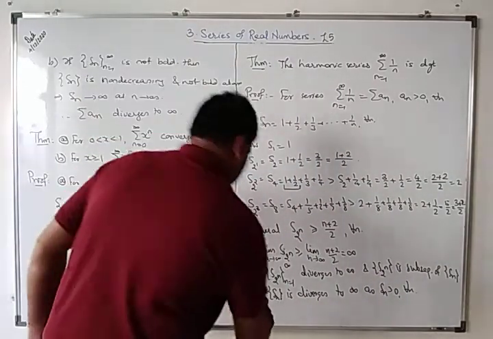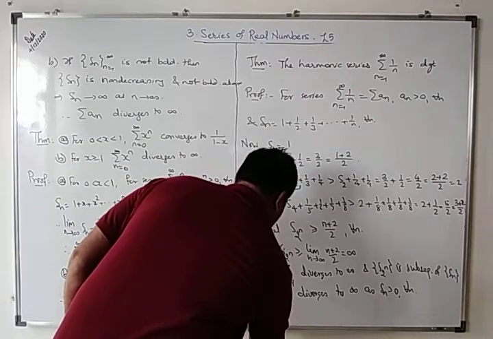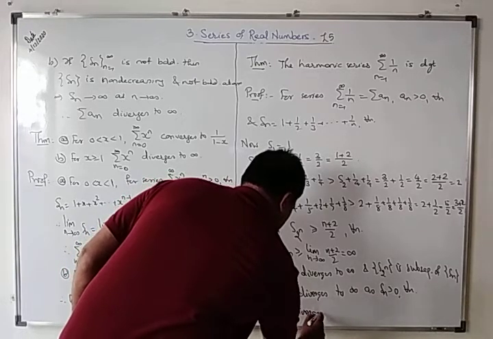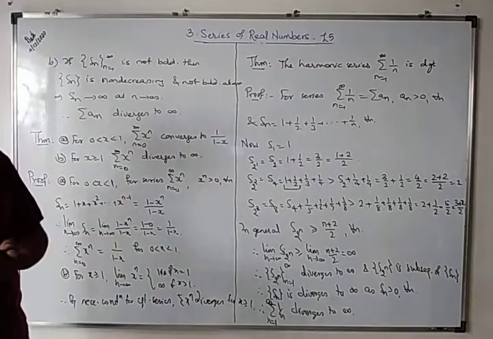Therefore, summation of 1 by n, n equal to 1 to infinity, diverges to infinity.